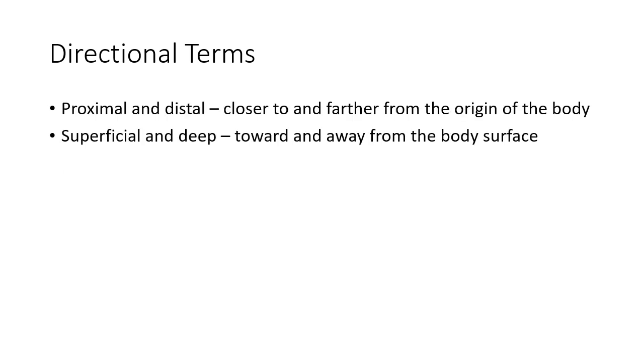When we talk about the extremities, we talk about proximal and distal. With proximal and distal, we're talking about things in terms of them being either closer to or further away from the origin of the body. So with those structures, we have things that are closer to the body.